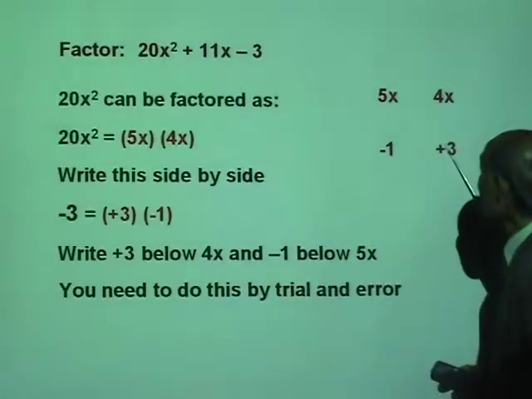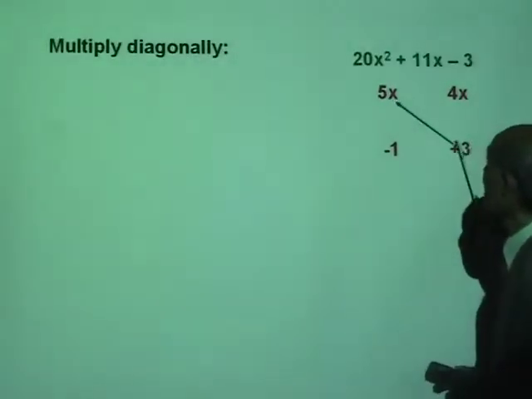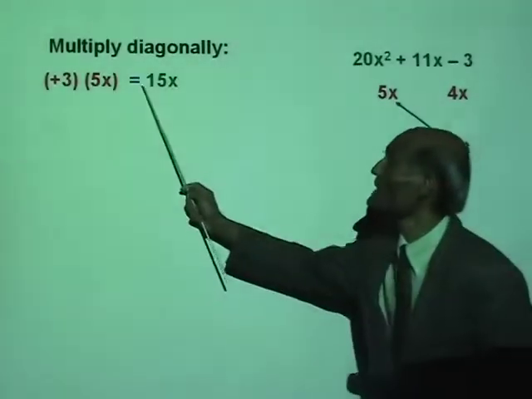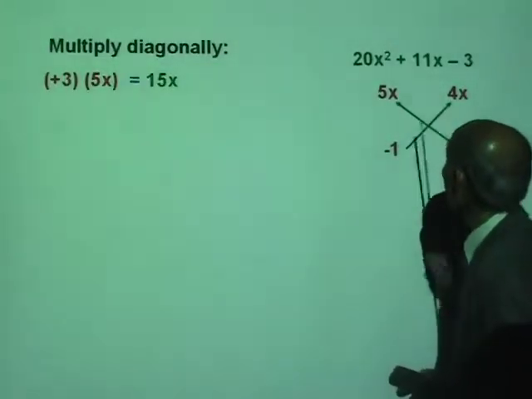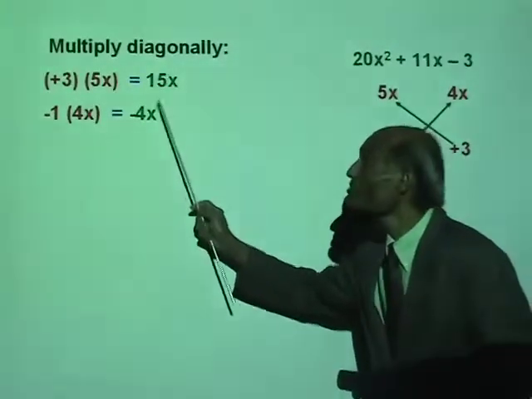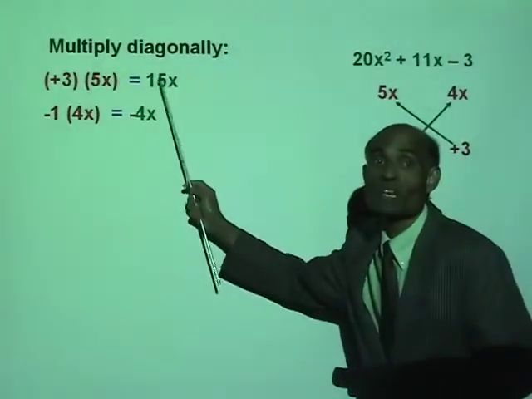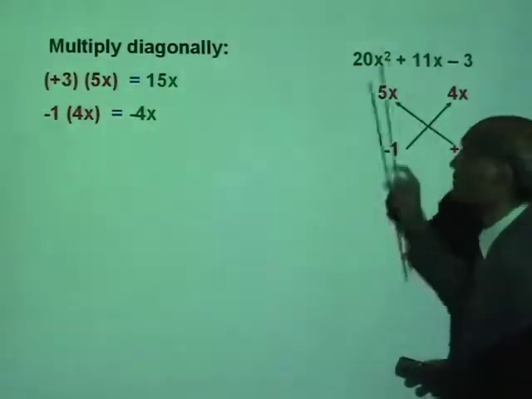So that positive 3 times 5x is 15x. And negative 1 times 4x is negative 4x. Adding the two, you get 15x added to negative 4x is 11x.